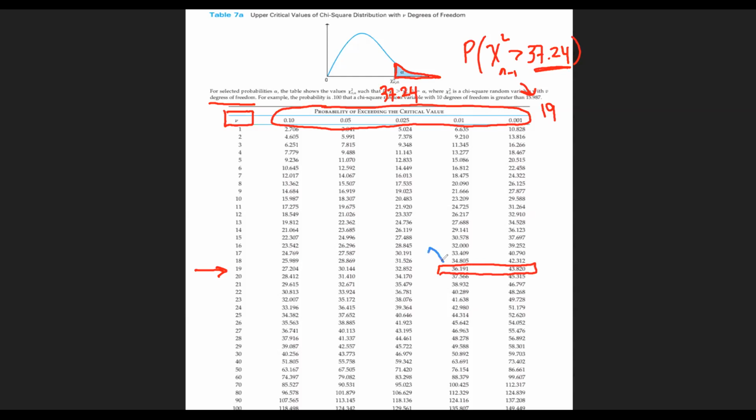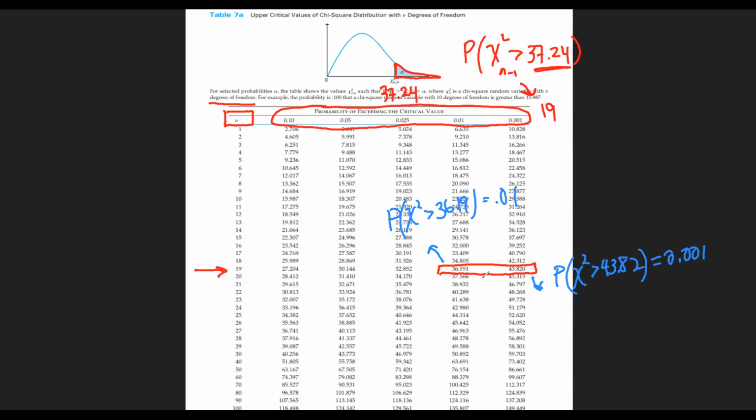This value means that the probability that chi-squared is bigger than 36.19, well, that probability is 0.01, because that's the column that it's in. And then the probability that chi-squared is bigger than 43.82 is equal to 0.001. And ours is somewhere in between.